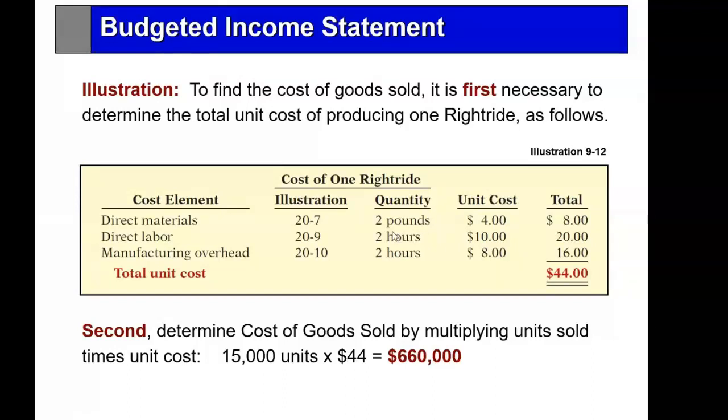So for every unit sold, the direct materials was 2 at $4 each. The direct labor was 2 hours at $10. And the overhead, remember we come up with that $8 to 16. So every unit sold costs us 44. Now I go to the sales budget, and the sales budget said I sold 15,000 units. So therefore my cost of goods sold is going to be 15,000 times $44, or 660.